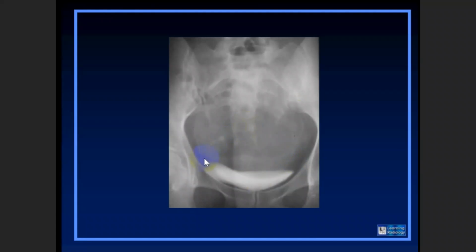This is the urine in the urinary bladder, and this is the contrast sedimenting over here, and this is the line of the urinary bladder. Is it right? This is right.